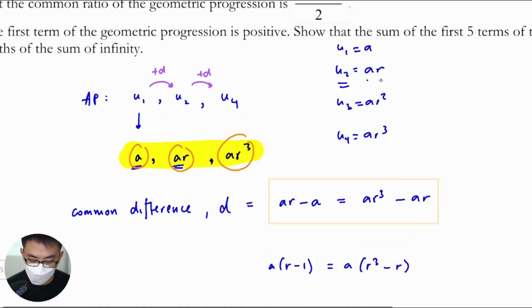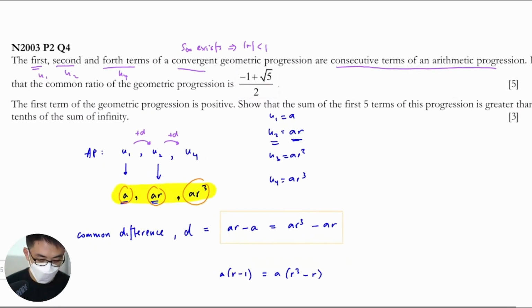U2 is AR, A times R. U4 is AR cubed. U4 minus U2.